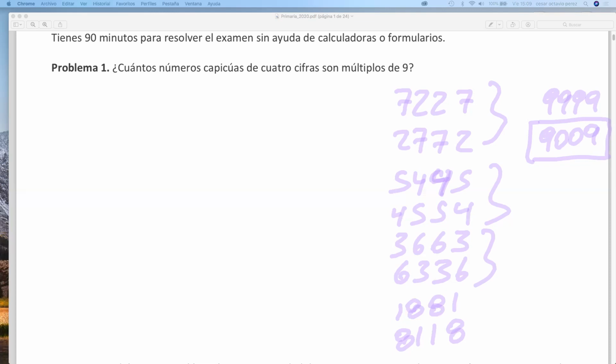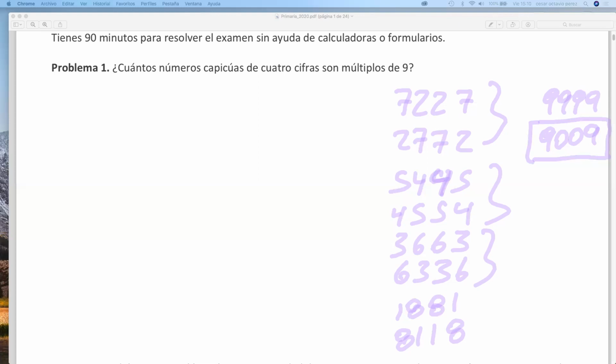So then we have numbers with digits ABBA. If the sum of the digits of a number is 9 or a multiple of 9, then it is a multiple of 9.